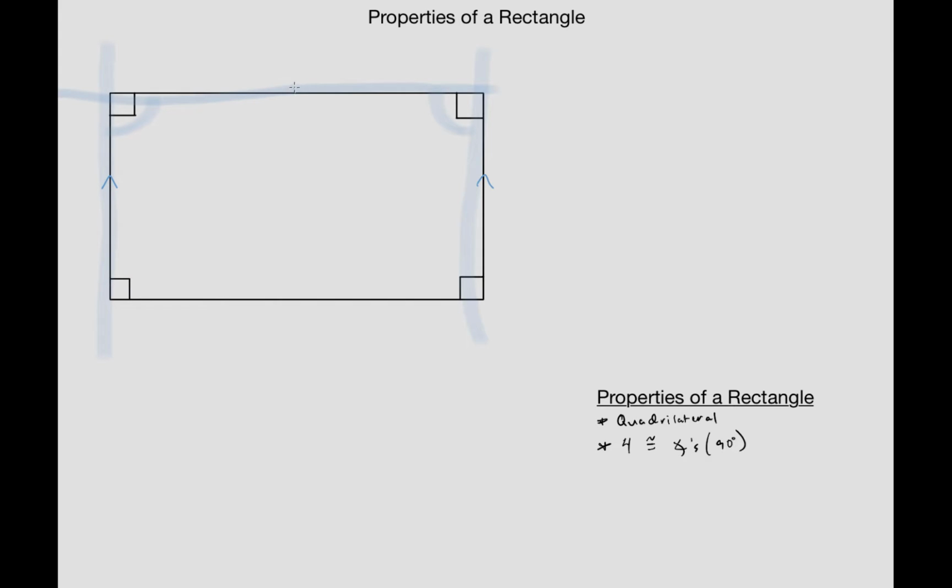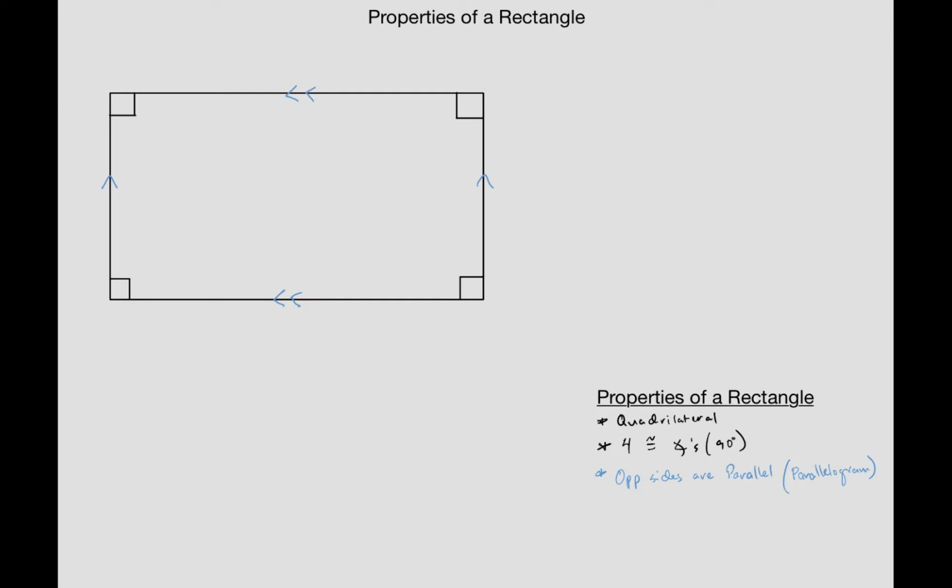And we can use the exact same logic to show that this side is parallel to this side. Again, same side interior angles would be there and there. Getting rid of those extra highlights. Let's add that to our properties here: the opposite sides are parallel, meaning that it's a parallelogram.